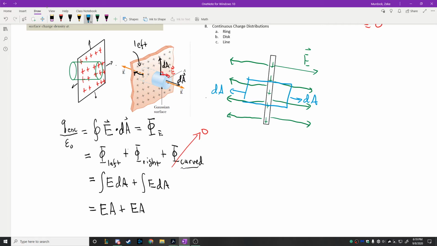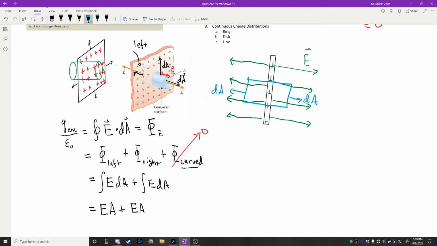Oh yeah, and I should also mention the electric field over the surface that we're looking at here is constant. If the electric field wasn't constant, you'd have to integrate. If the electric field was different along the surface that you'd drawn, you would have to integrate.